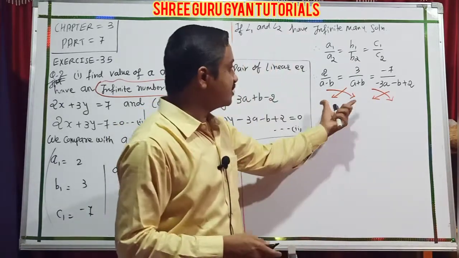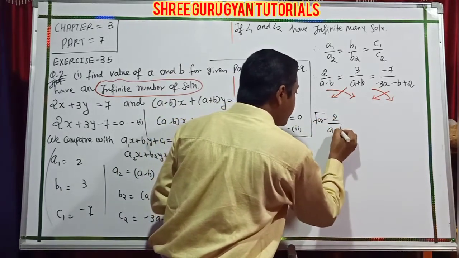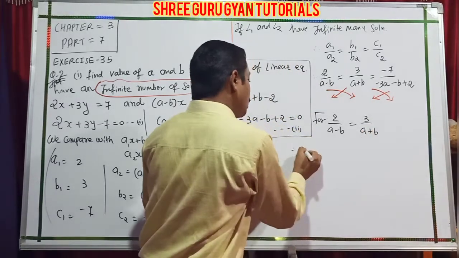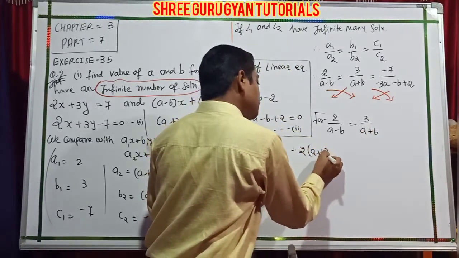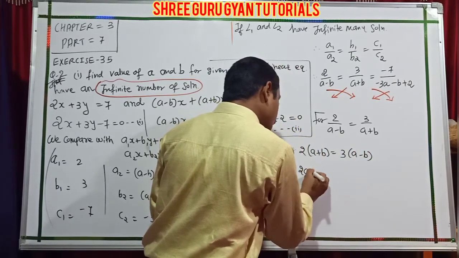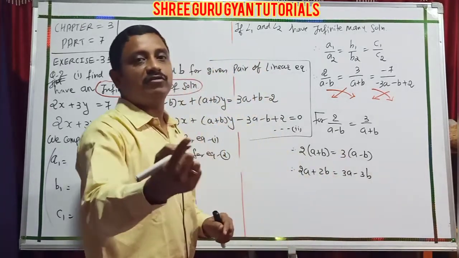So we compare these first two. For 2 by (a minus b) equal to 3 by (a plus b), making the cross multiplication, 3 with (a minus b), so you get 2a plus 2b equal to 3a minus 3b, and here one equation is done.